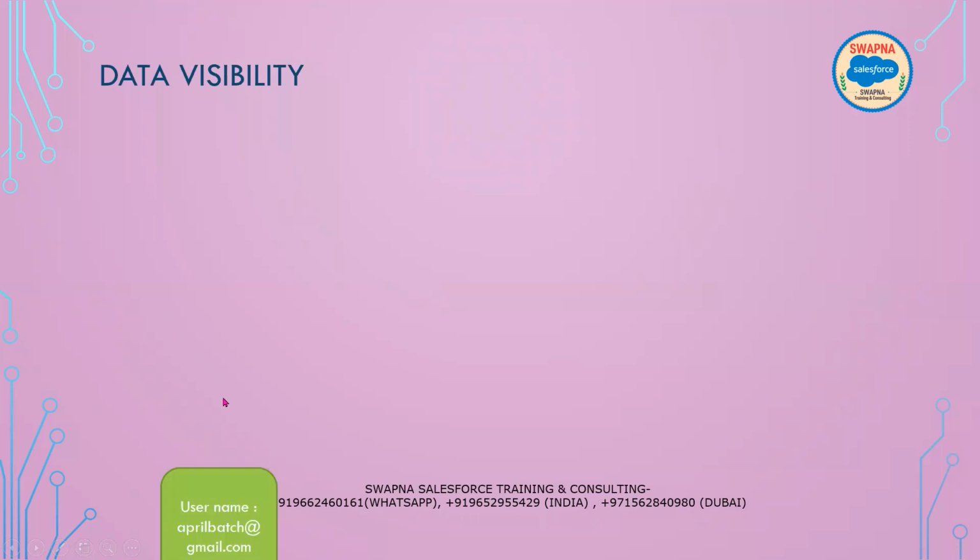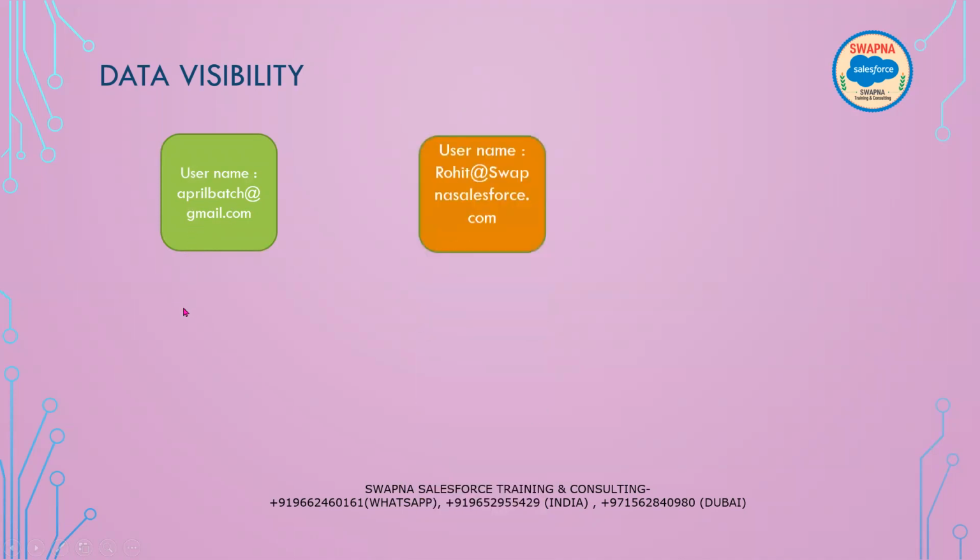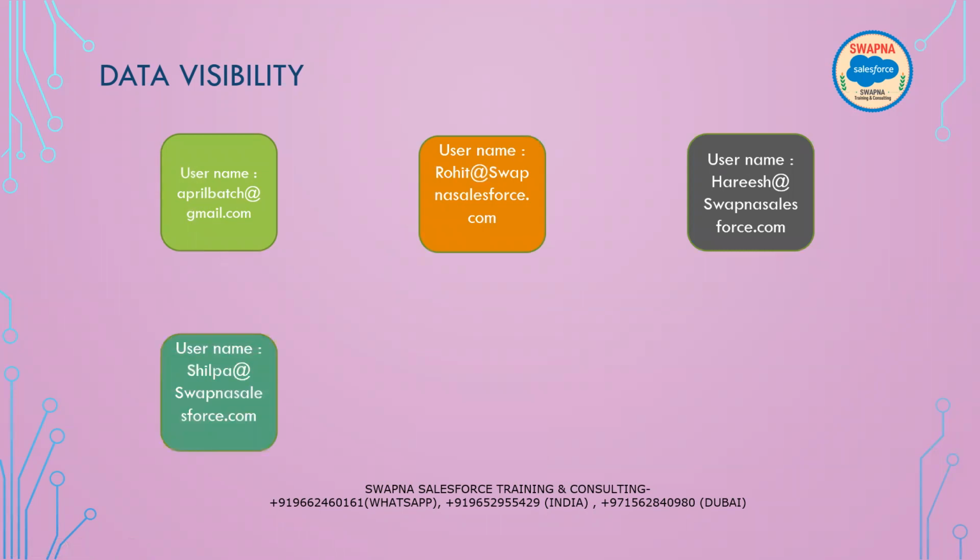Let's assume that I have created my Salesforce Developer Edition with the April batch @gmail.com. Similarly, another user, Rohit@swapnasalesforce.com, another user, Harish@swapnasalesforce.com, and another user, Shilpa@swapnaforsalesforce.com. Like this, everybody has created a different developer edition org.